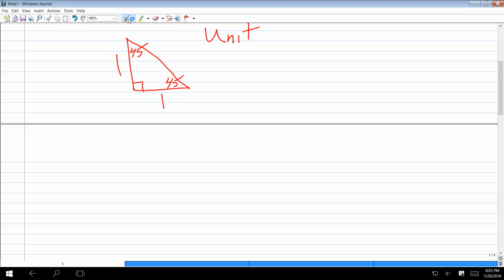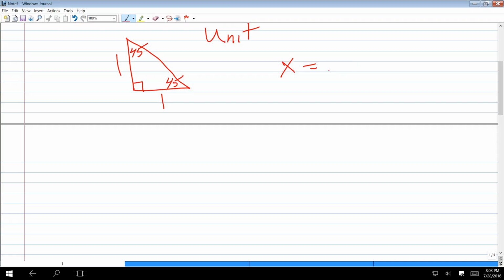What's the hypotenuse? You can actually figure this out from the Pythagorean Theorem. What's x? X would be... What's the formula? Well, the root of 1 squared. What are the first words out of your mouth need to be?